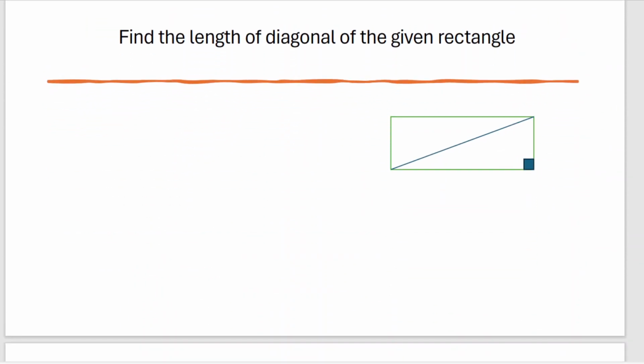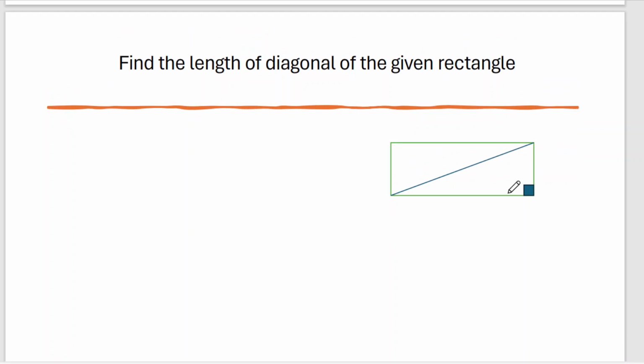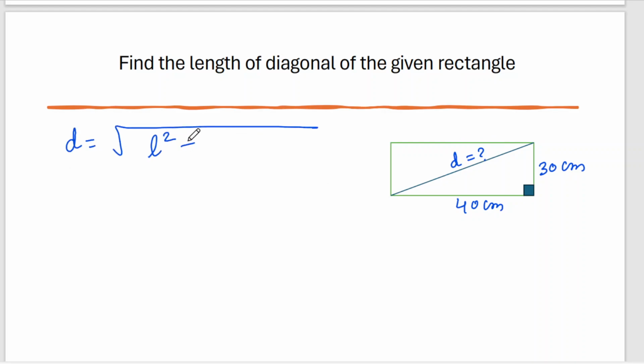Now, can we find the length of the diagonal of a given rectangle? Let me take some other example. Take the length as 40 centimeter, and this breadth we take 30 centimeter, and we have been told to find the length of the diagonal. So what is the diagonal? Diagonal equals under root L square plus B square.